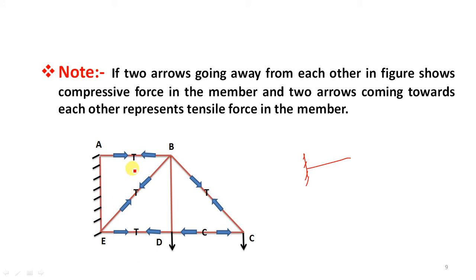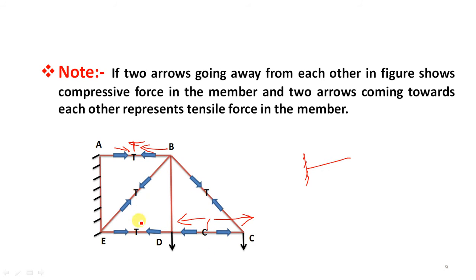Now here in this truss I have shown the forces in internal members. When the two arrows are appearing towards each other, it indicates that there is tension in that member. So this is the notation we have used to show tension in the member. And if the two arrows are going away from each other, it indicates that this member is in compression.